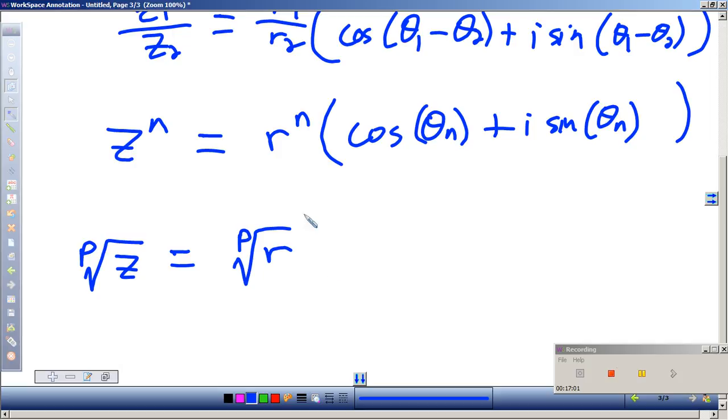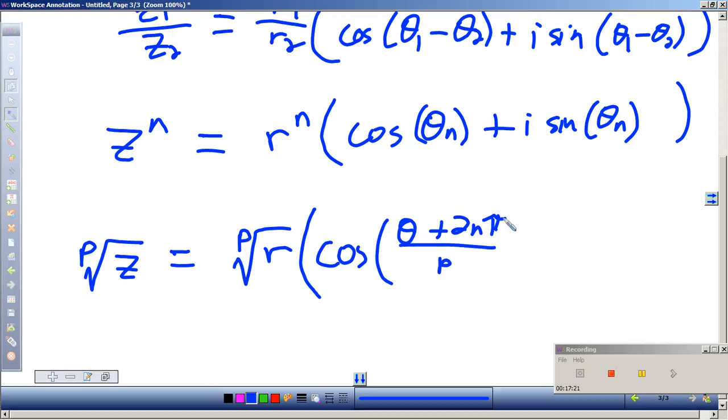Then you're going to have inside the cosine of theta plus 2n pi over p plus i sine of theta plus 2n pi over p.